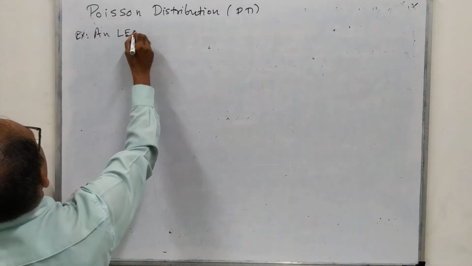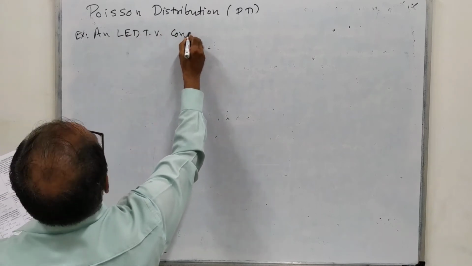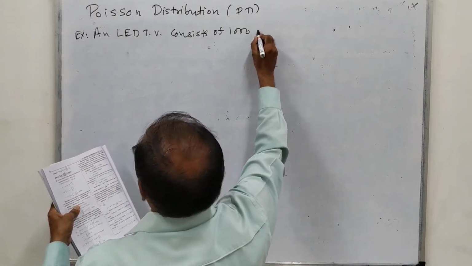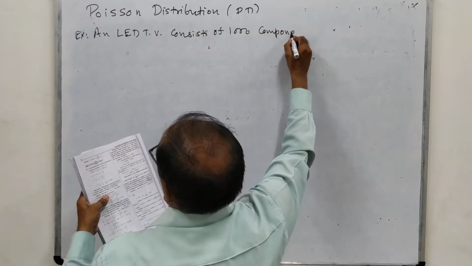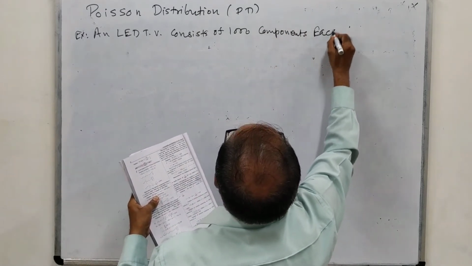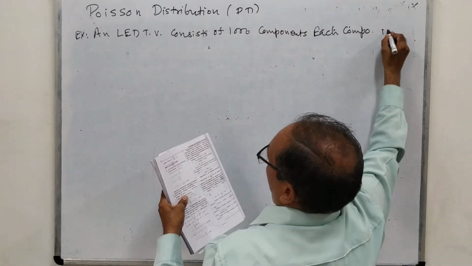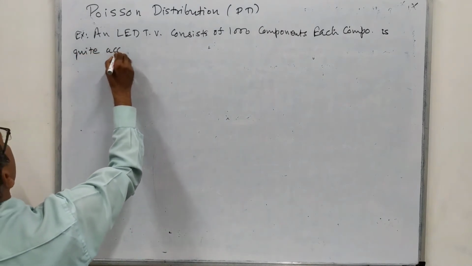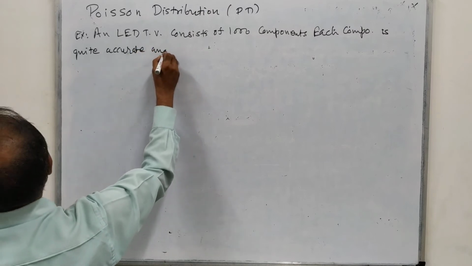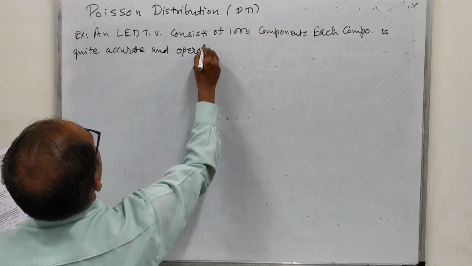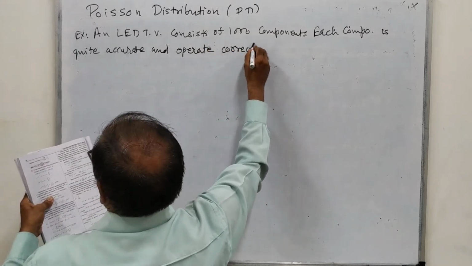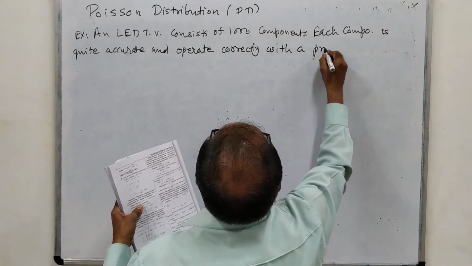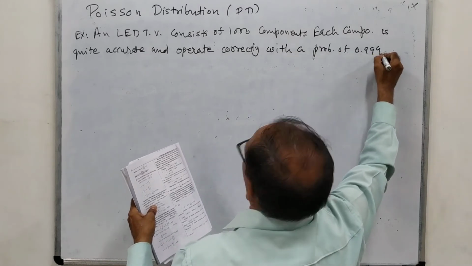An LED TV consists of 1000 components. Each component is quite accurate and will operate correctly with a probability of 0.9995.